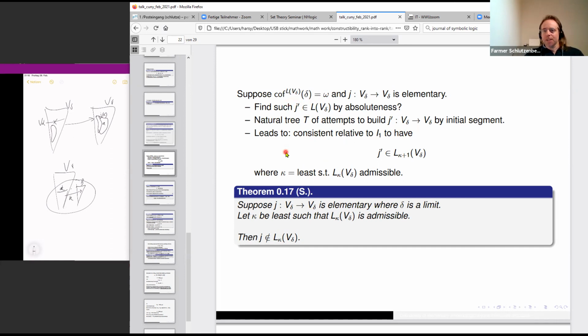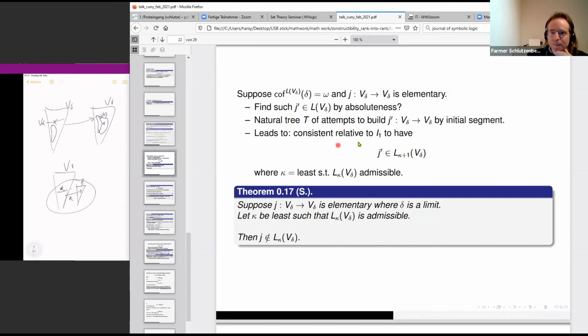However, there are difficulties with getting branches here in L of V delta if you don't have choice or you don't have DC in L of V delta. So it's not immediate that you get something in here in general. However, it is consistent to get enough choice to do it.